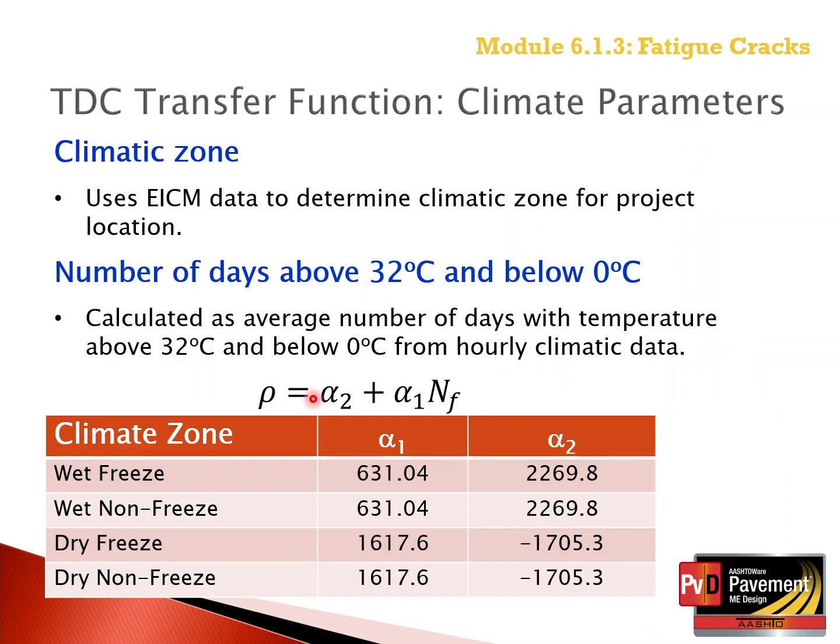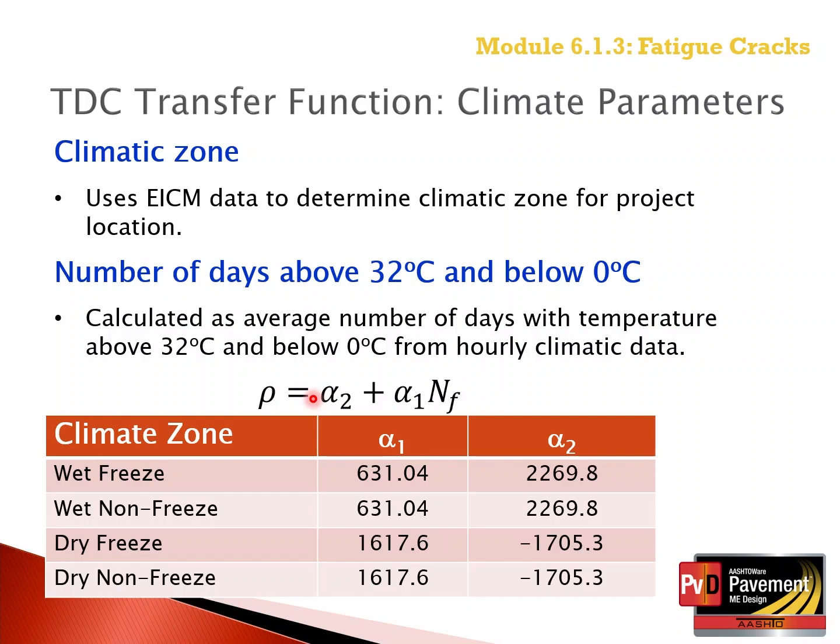The climate parameters are defined by the number of days above 32 degrees centigrade and number of days below 0 degrees centigrade. The enhanced integrated climatic model is used to determine the climatic zone and provide the information for a specific project location.